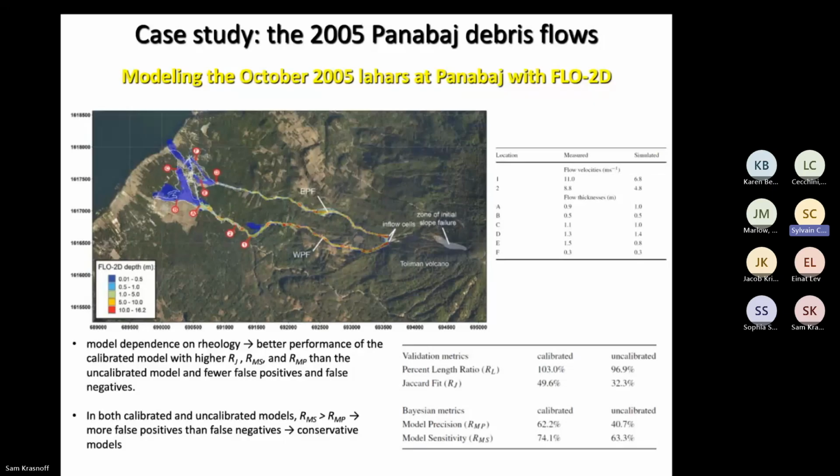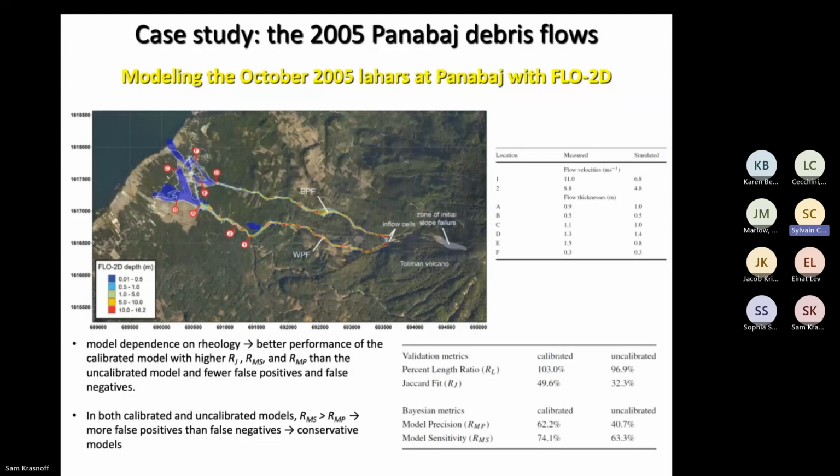You put that as an input for this Flow2D model, and then you can compare the flow velocity and the flow thickness at different locations along the channel. And finally, you can compute these validation metrics and see how the simulation compares to the mapped extent of the deposit.